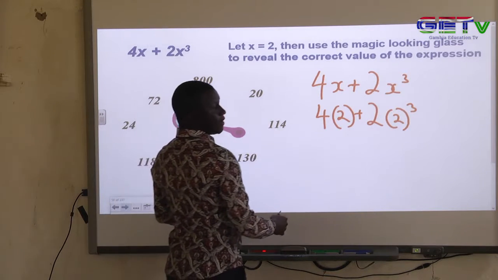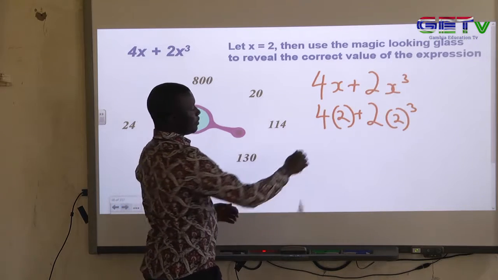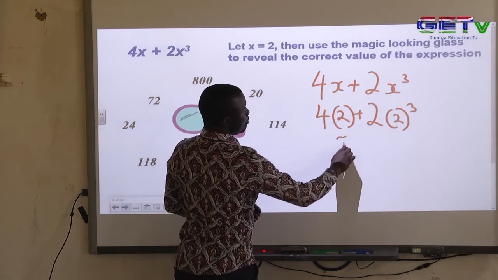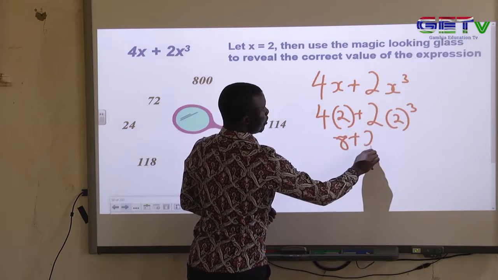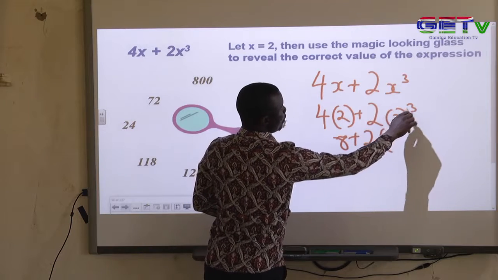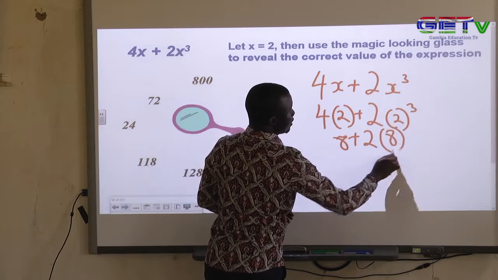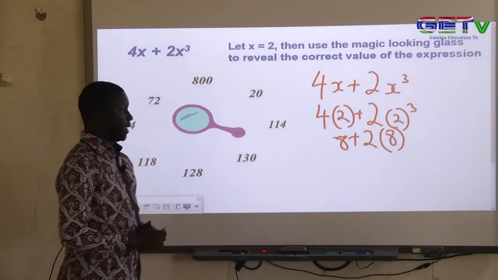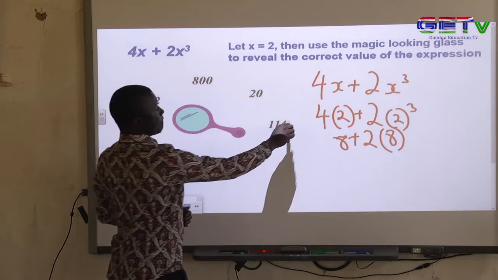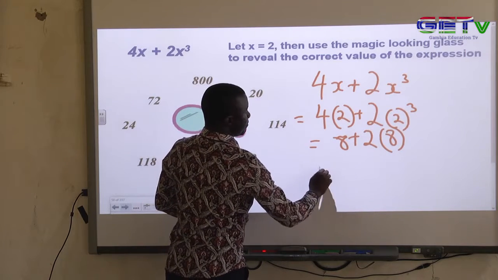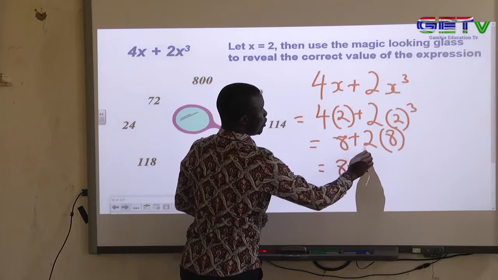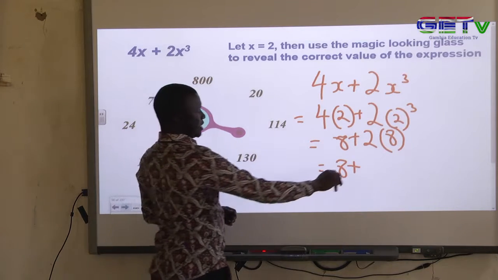Let us simplify after the substitution. 4 times 2 is 8 plus 2 into 2 to the power 3. That is 2 times 2 times 2, which is 8. We can further simplify as 8 plus 2 times 8 is 16.